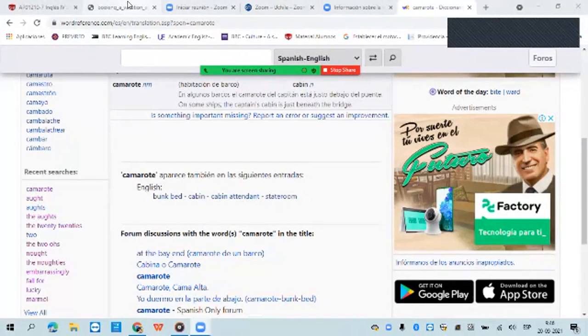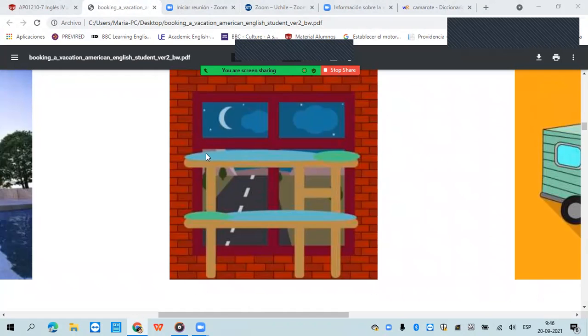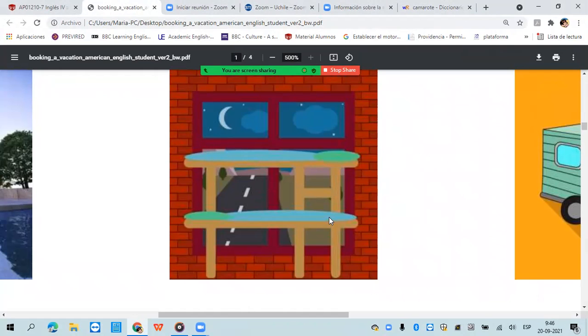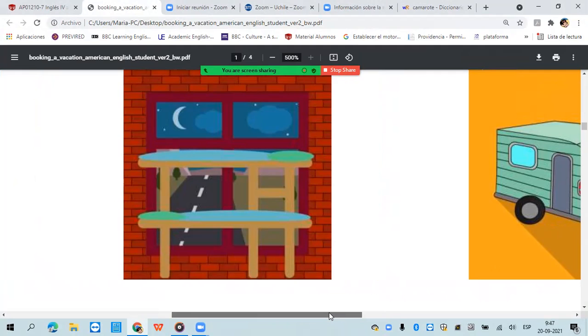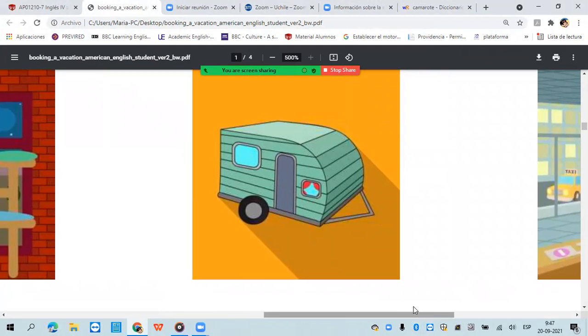Okay, so here we have a bunk bed that is typical in a hostel. That is a key point. So nobody has ever stayed in a hostel? Never? Never. Okay.